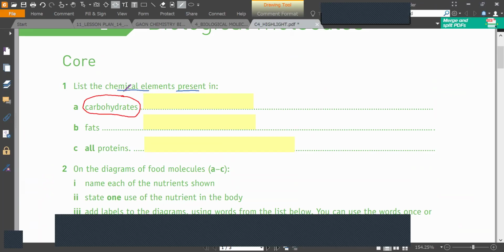Tell me your answer once you have it. What kind of elements are present in carbohydrates?